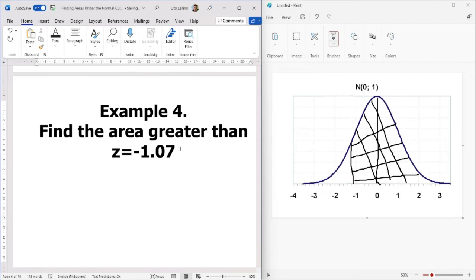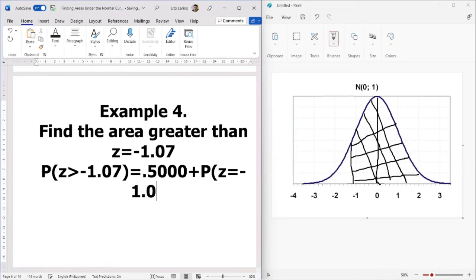We have the probability or the area above the given z-score negative 1.07 is equal to 0.5000 plus the area when the z-score is negative 1.07 or 1.07.